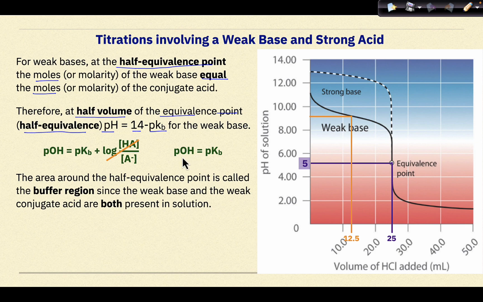So because pOH is equal to pKb, to find pH, we can take 14 minus the pKb, which is the pOH, and find pH. The area around the half equivalence point is called the buffer region, since the weak base and the weak conjugate acid are both present in solution.